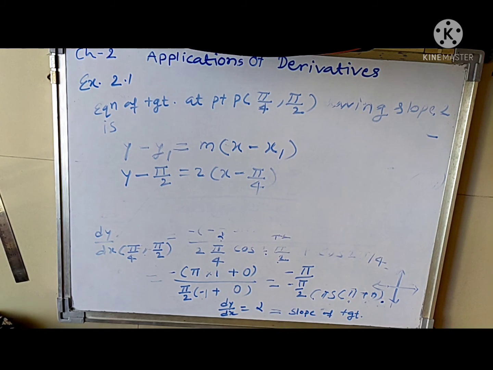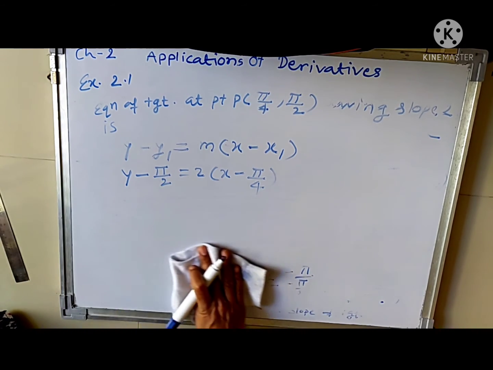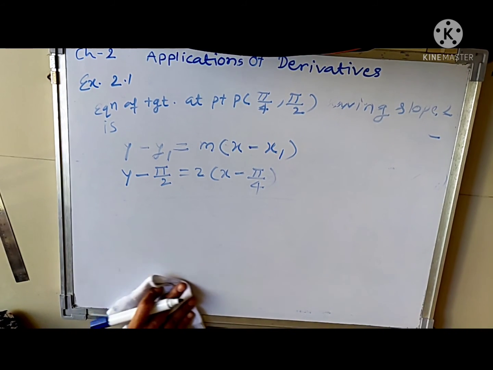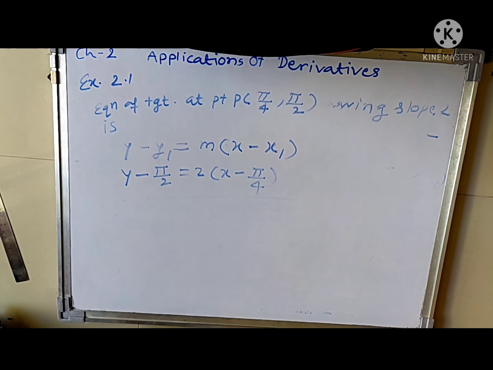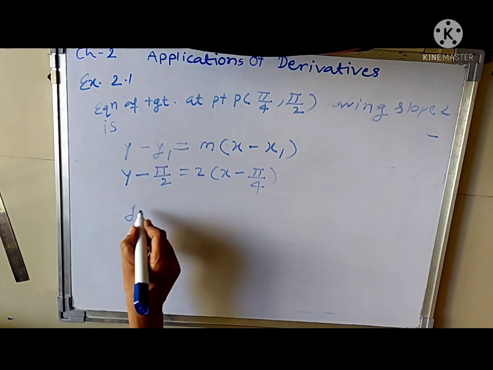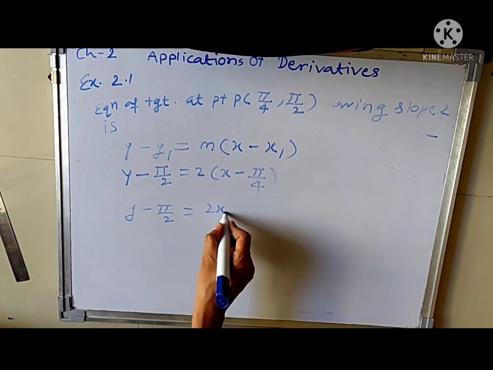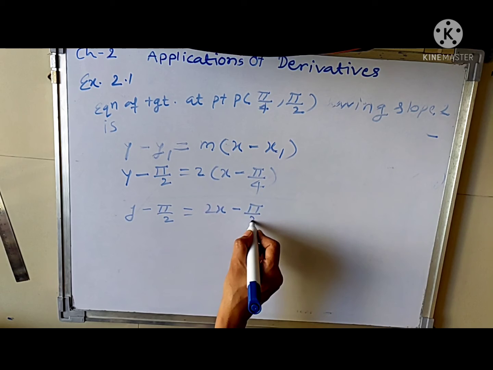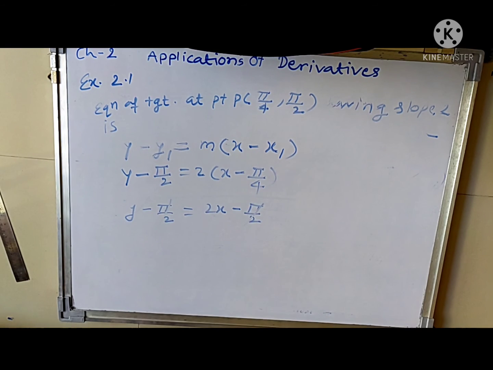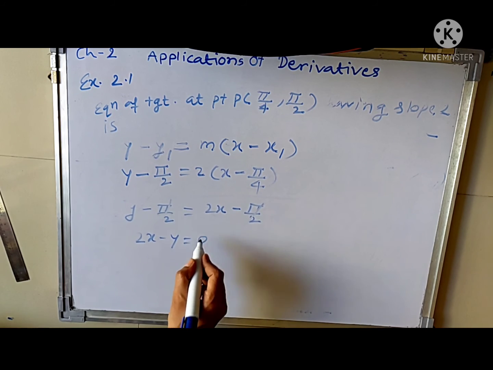Therefore, y minus pi by 2 equals 2x minus pi by 2. Pi by 2 cancels. Therefore, 2x minus y is equal to 0.